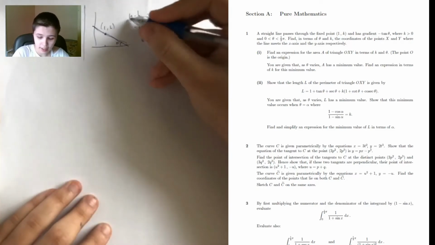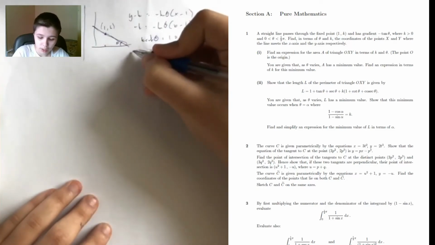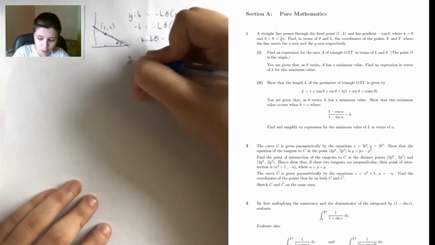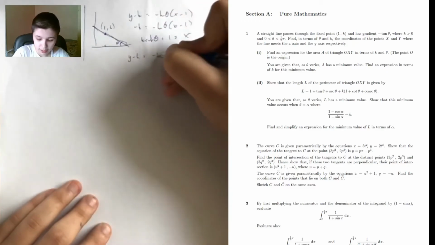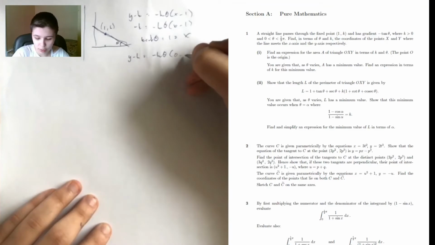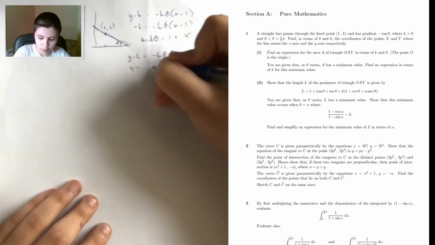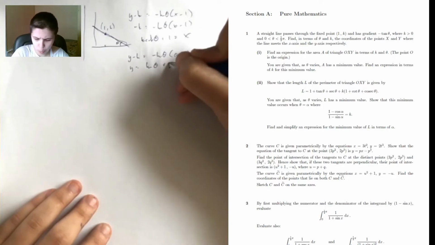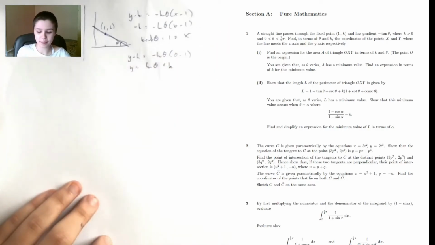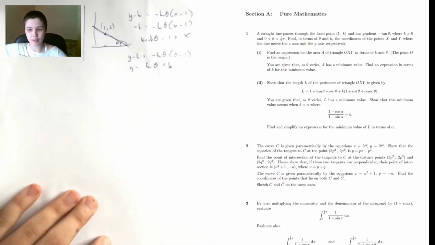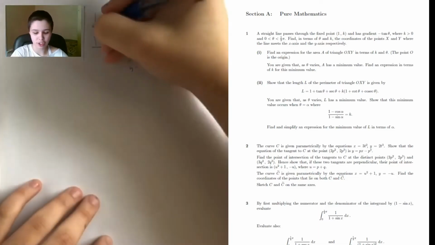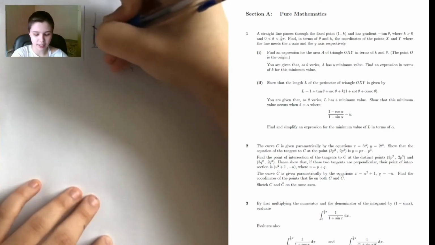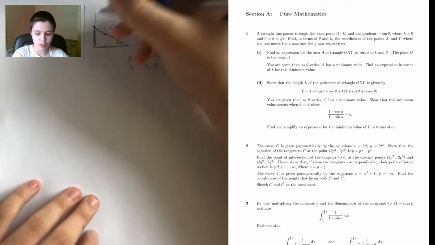And then for x equals 0, we have y minus k equals minus tan theta times (0 minus 1). So y equals tan theta plus k. Then find the area of the triangle OXY. That's just going to be the height times the base over 2.